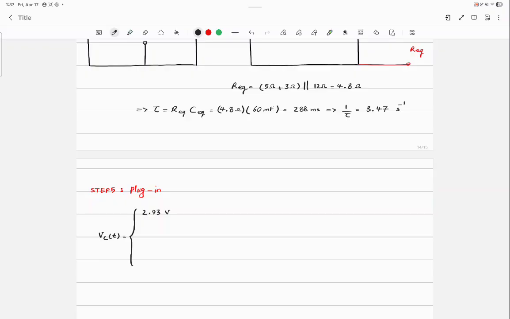What is 0 positive? 2.93. What is infinity? 0. So 2.93 e to the power of negative 3.47 t volts. That is for t positive.